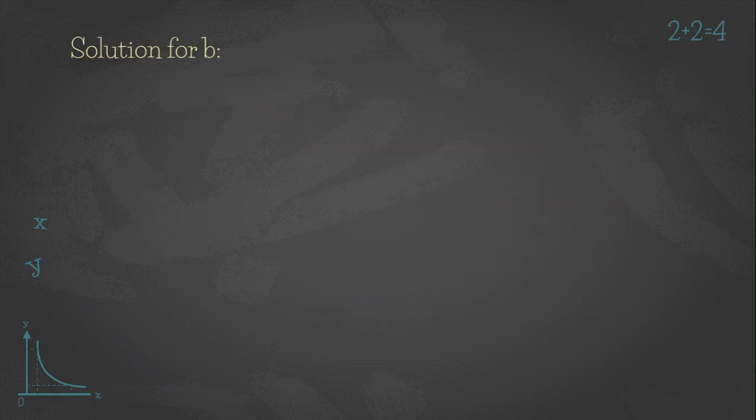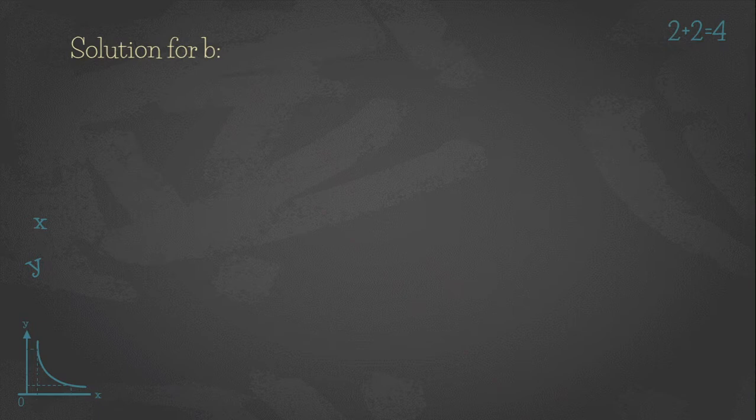For letter B, we need to determine L subscript 0.95 value for this smelter such that probability of x less than or equal to L subscript 0.95 is equal to 0.95.